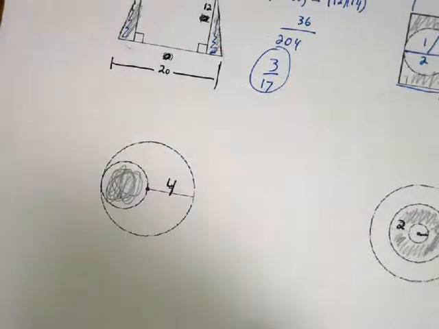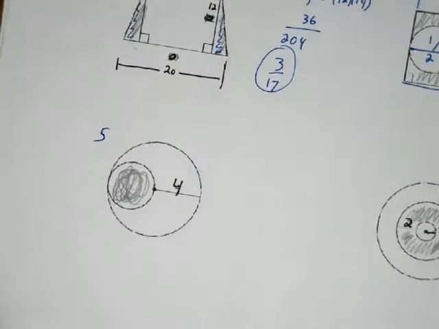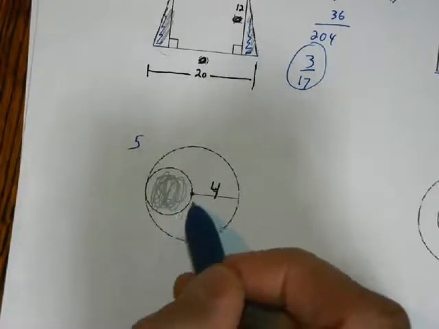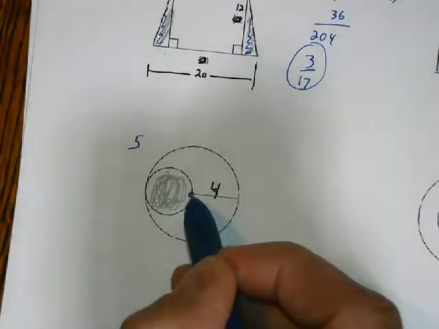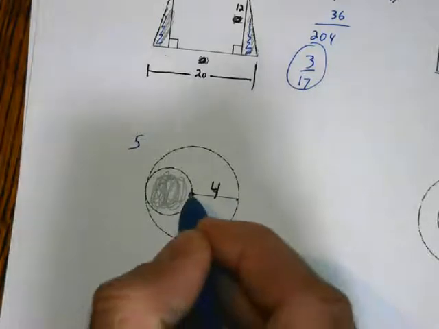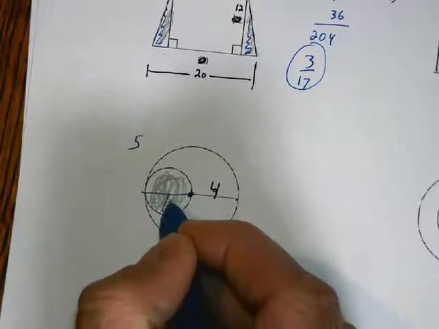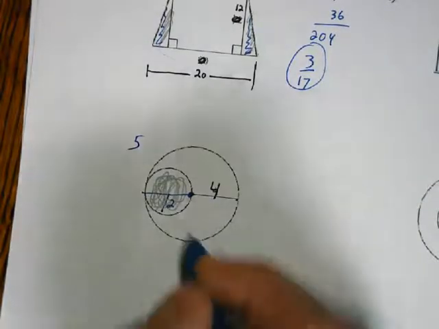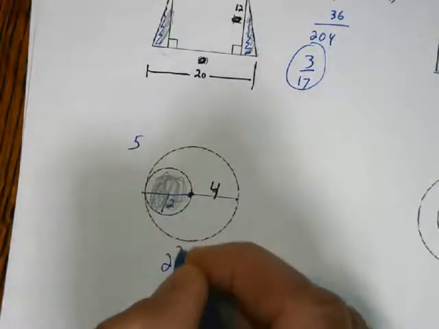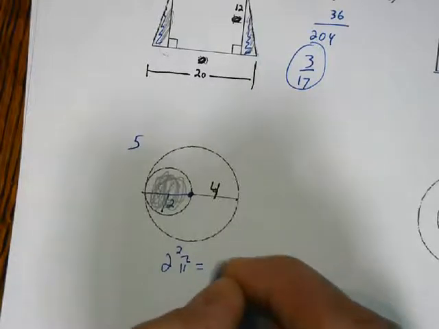As we got down to number 5, your shaded region was the circle. The large circle here had a radius of 4. Well, that meant that this shaded circle had a diameter of 4, which means it has a radius of 2. So to get the area of the shaded region here, we have 2 squared pi, which is 4 pi.